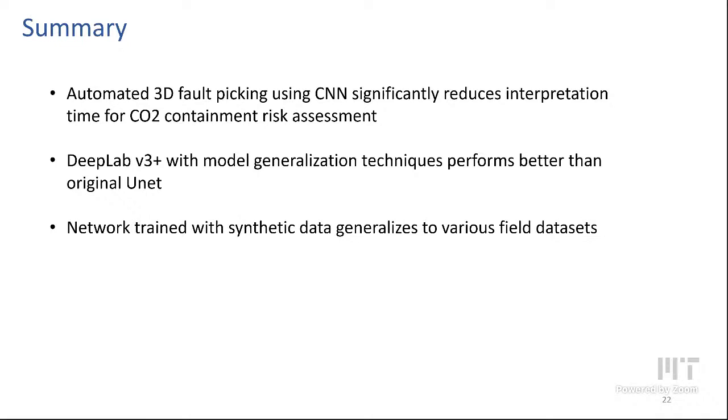And our CM model is trained only with the synthetic data, and it can generalize to various field data sets. So we applied it not only to this Northern Lights data, but to a number of other data sets, including Gulf of Mexico and Netherlands. And due to data permission, I have not shown them here, but it generalized well to the real data set.